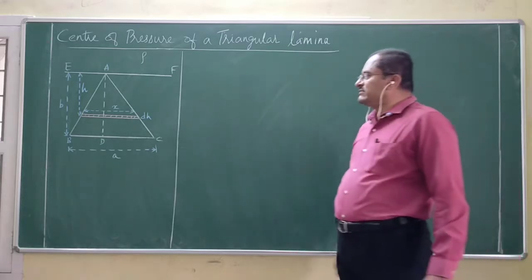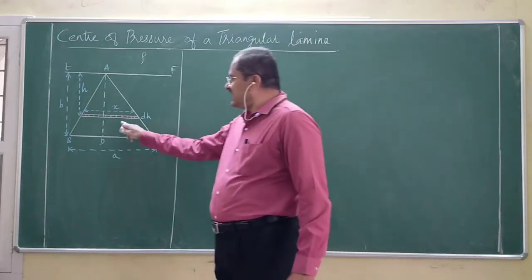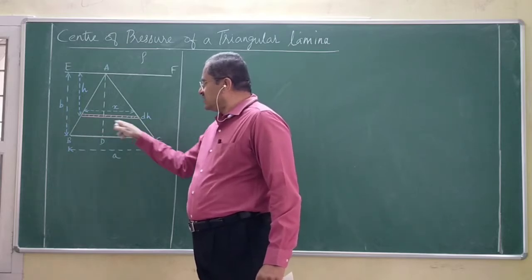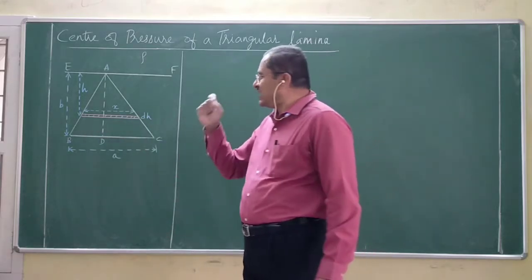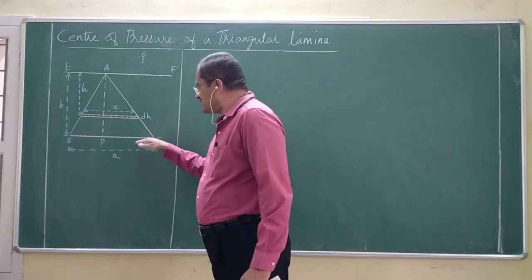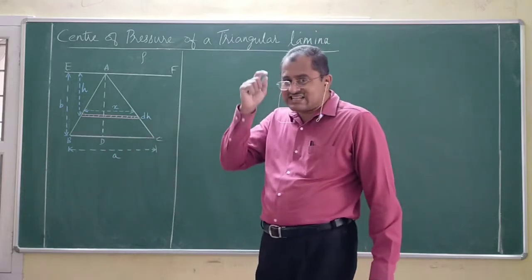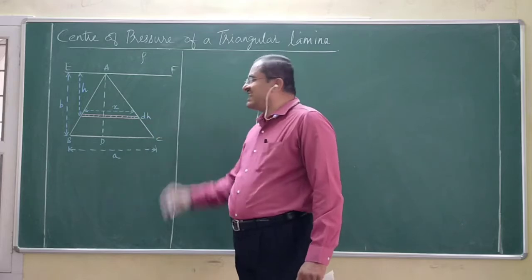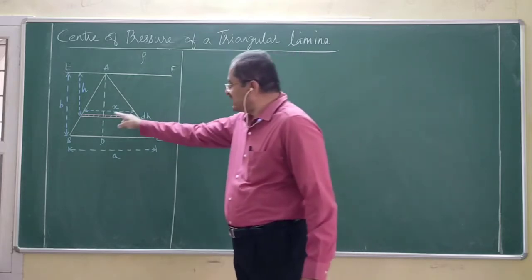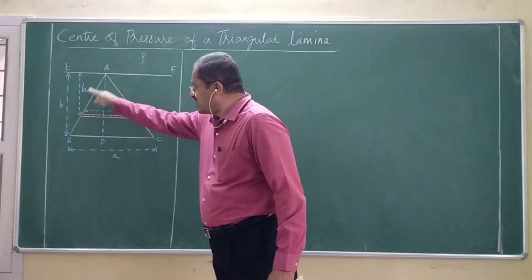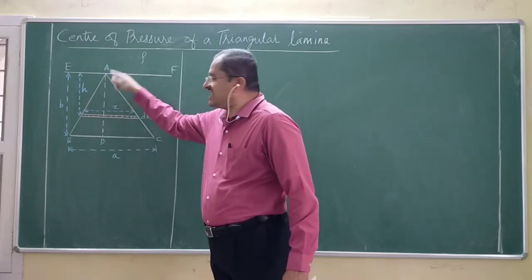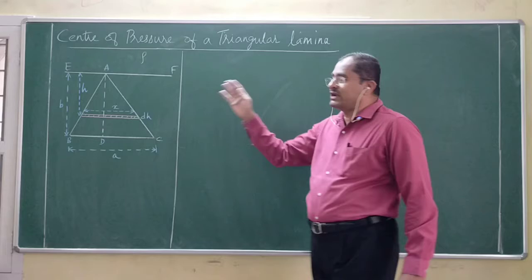In order to determine that, I am dividing this lamina into a number of infinitesimally narrow strips parallel to its base. One such strip of thickness dh, of length x at a depth h below the surface EF, I have shown in the figure.